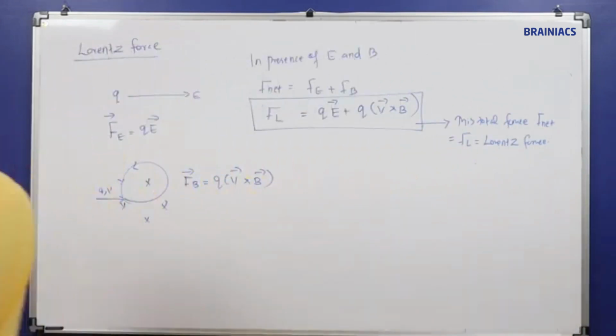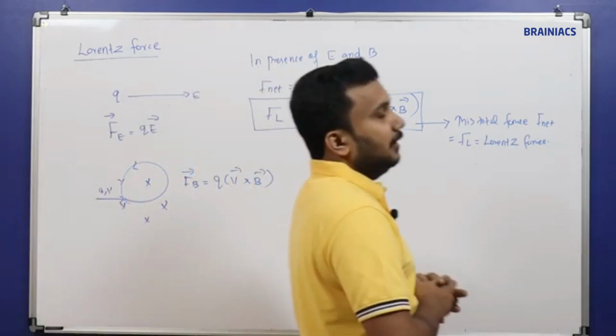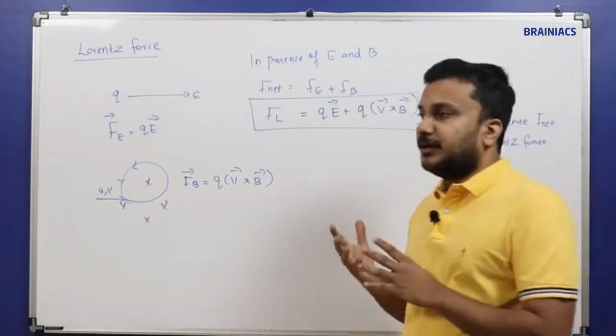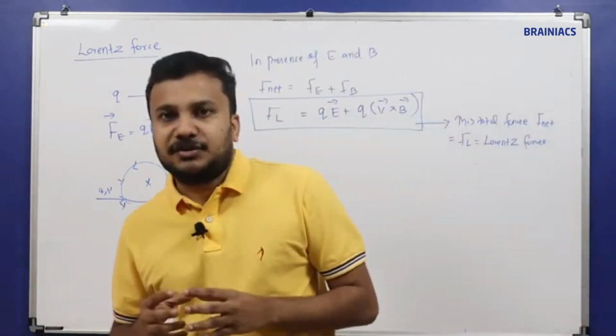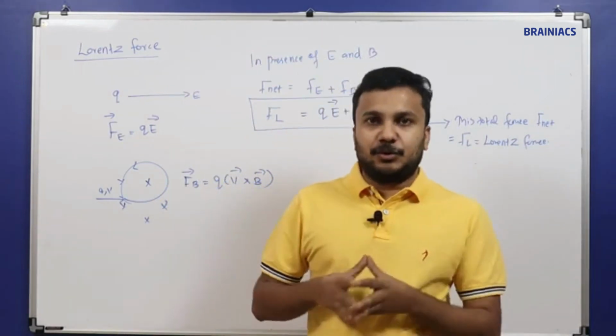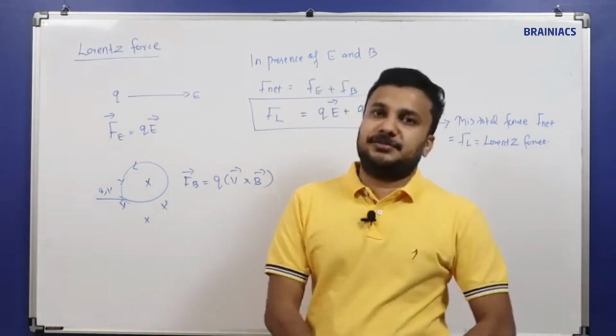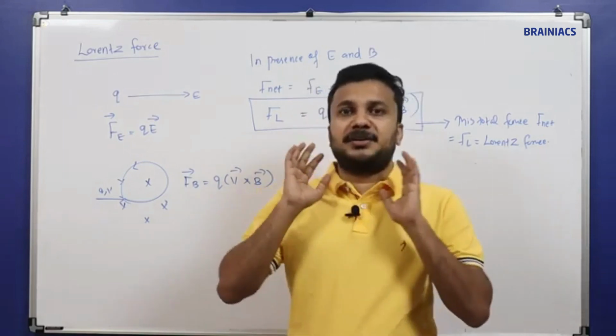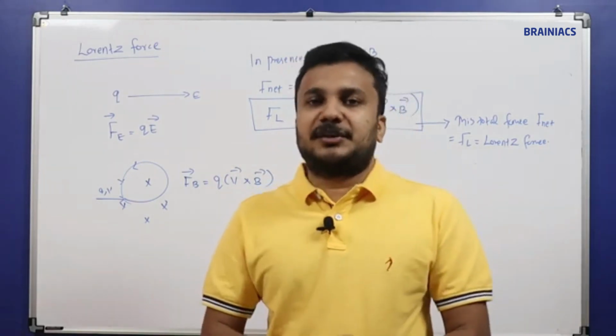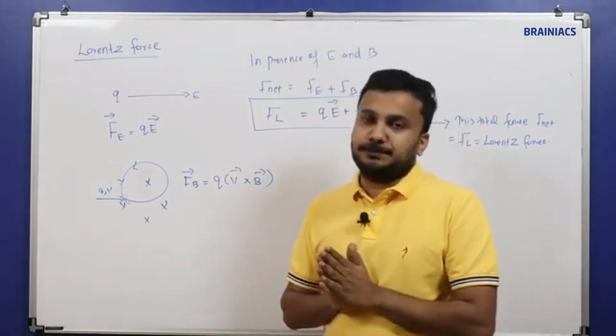So this is a highly important area in this chapter. So far we have seen that whenever a charged particle is entering parallel to the magnetic field, it will not experience any force because magnetic force is equal to 0.